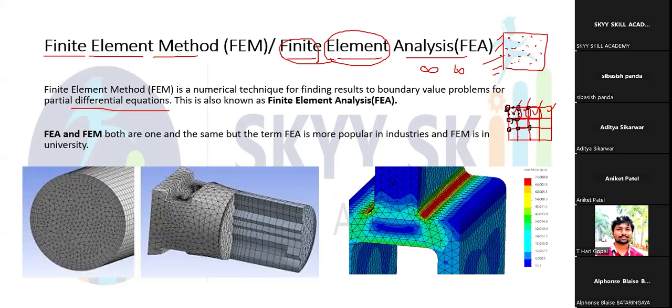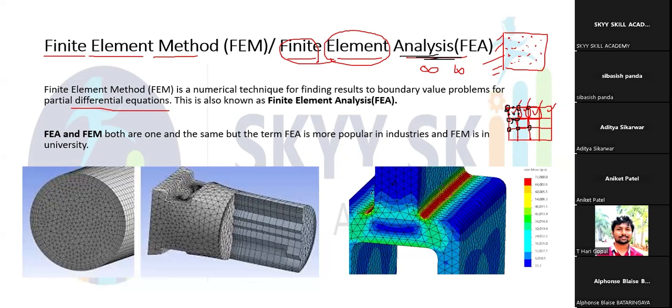How? By generating your elements. By generating elements, I get a finite number of equations so that I can analyze my body. Understood? This is my finite element method, or finite element analysis.